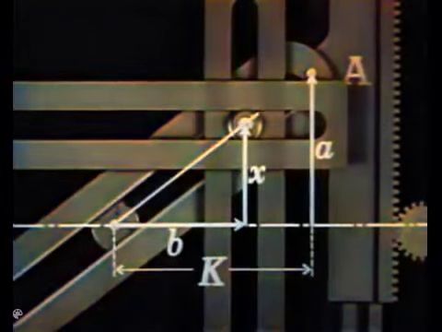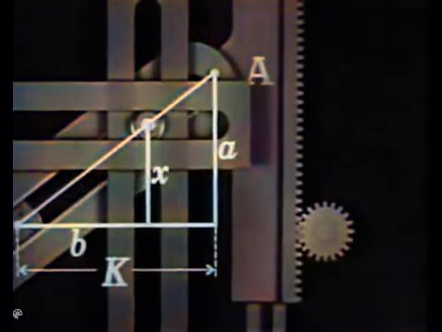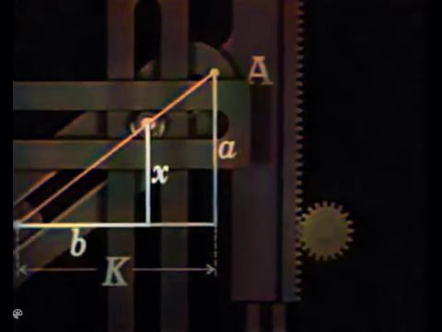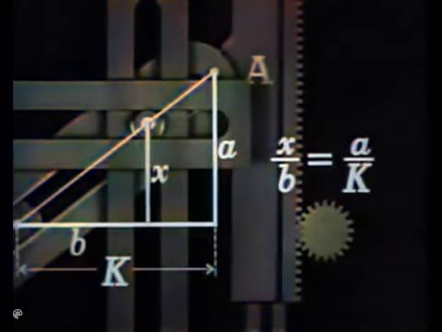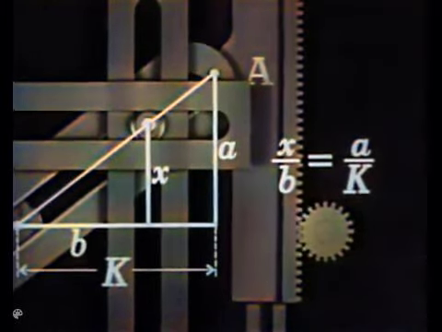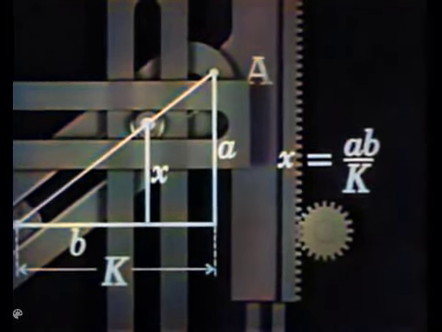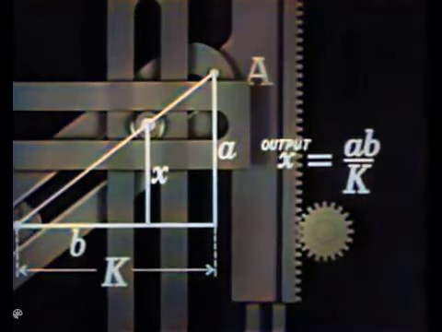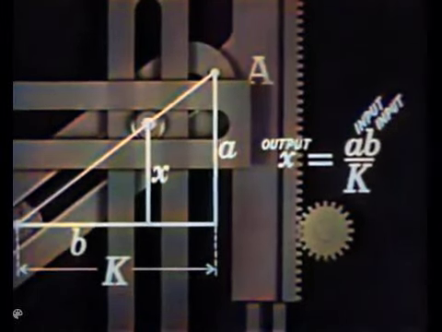Now, a line along the slot in the pivot arm forms two similar triangles. Their corresponding sides are proportional. Therefore, X is to B as A is to K. Multiply both sides by B, and we get X equals AB over K. In other words, the output X equals the product of the two inputs divided by K, a constant.